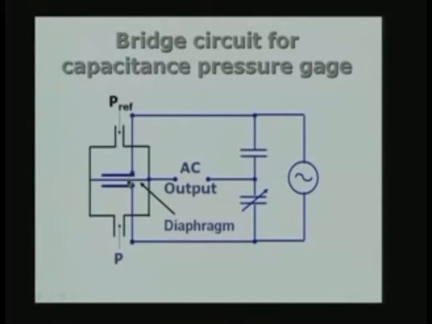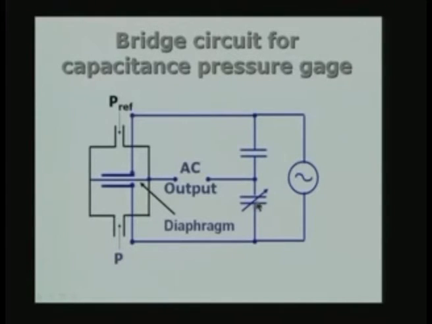So, one of the capacitances is going to increase because this is going closer to that, and it is going farther from the lower one, so that capacitance is going to decrease. So, you see that if there are two capacitances here, one capacitance is going to change in the positive direction, the other one is going to change in the negative direction because of the displacement. And now I am going to connect the two plates to two capacitances here, one at the top and the other one at the bottom.